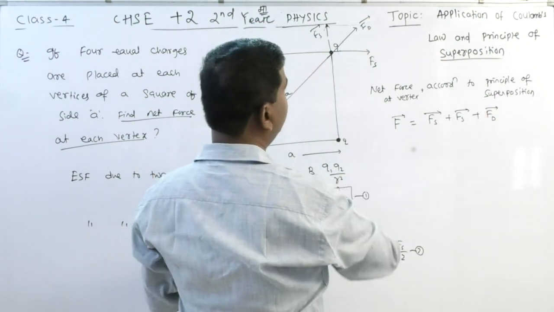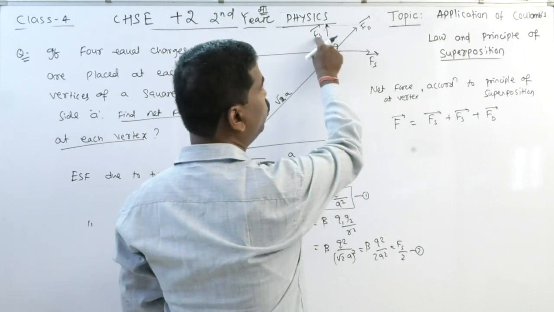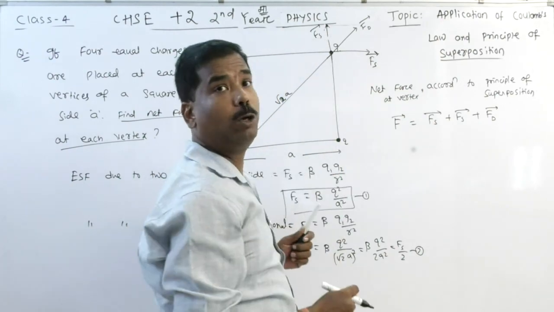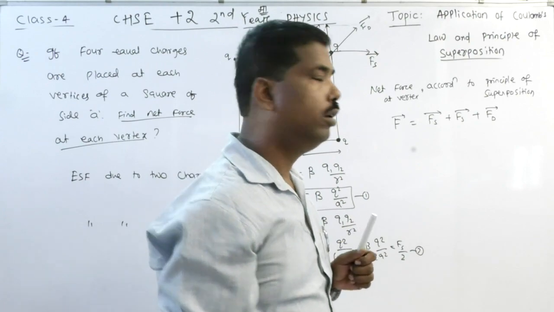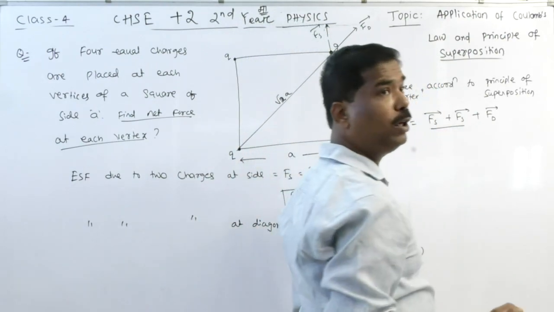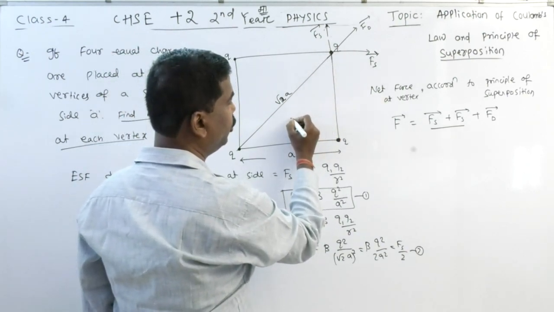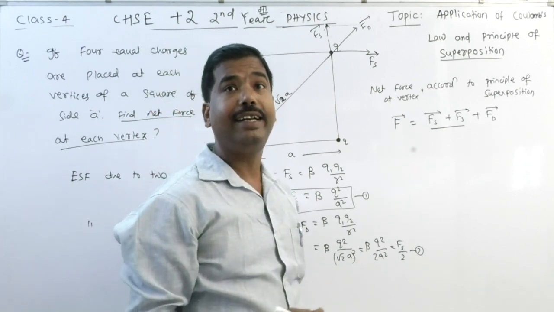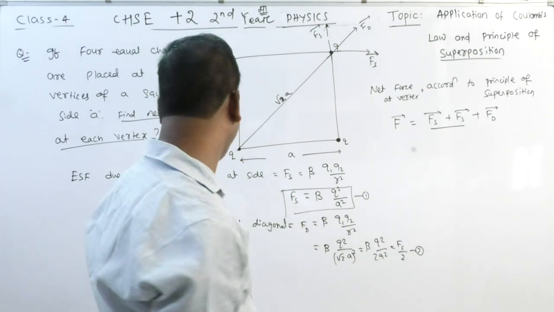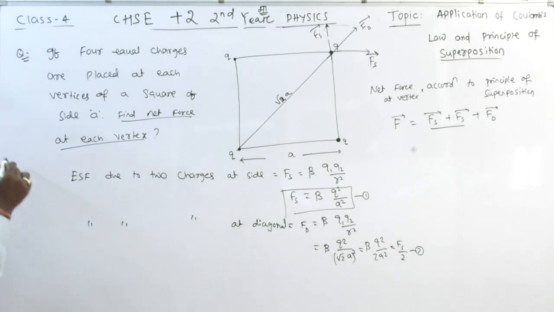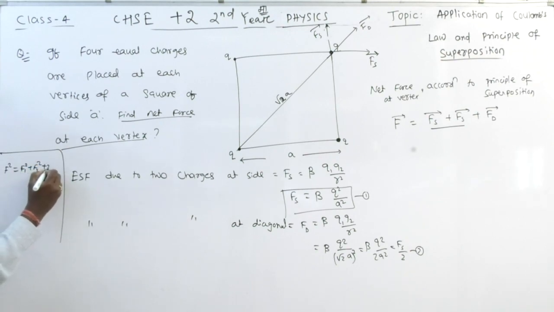Listen, Fs vector and Fs vector, these two side force vectors, are perpendicular to each other. We know that if two forces are perpendicular to each other, the angle between them is 90 degrees. So using the vector addition law, F is equal to the root of F1 square plus F2 square plus 2F1 F2 cos theta. These two vectors are at 90 degrees, cos theta is 0.